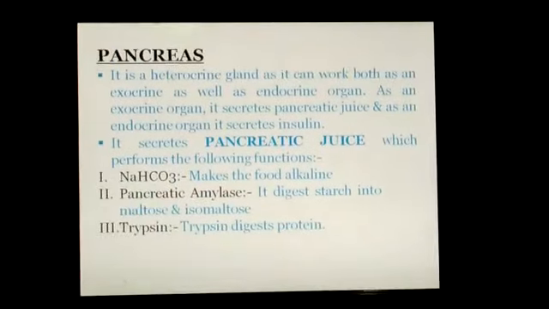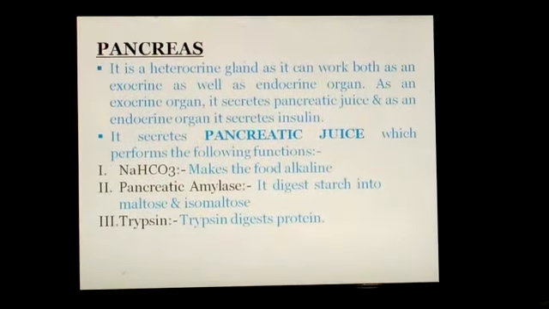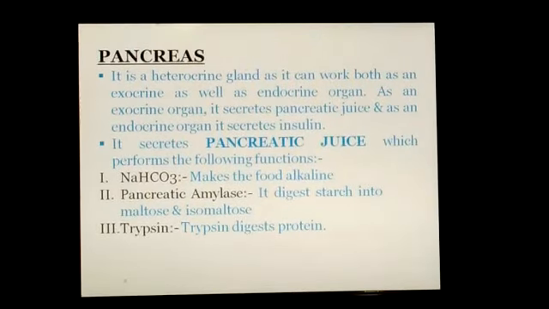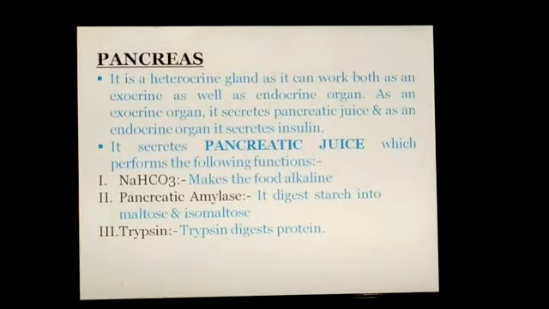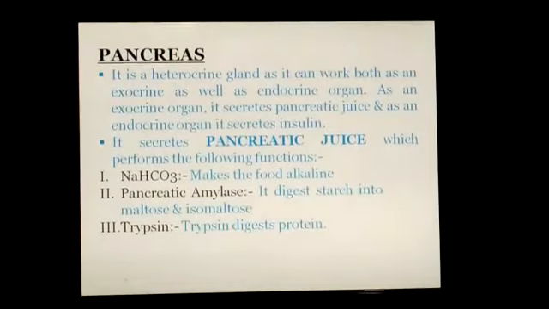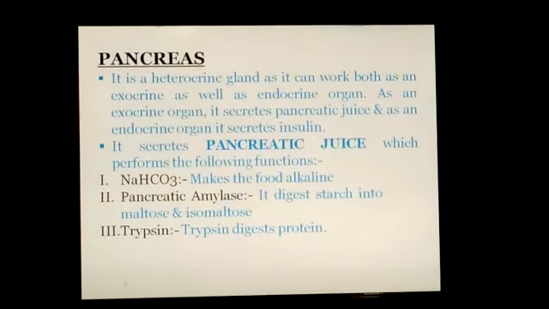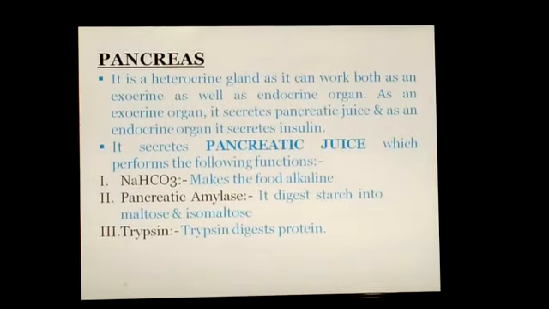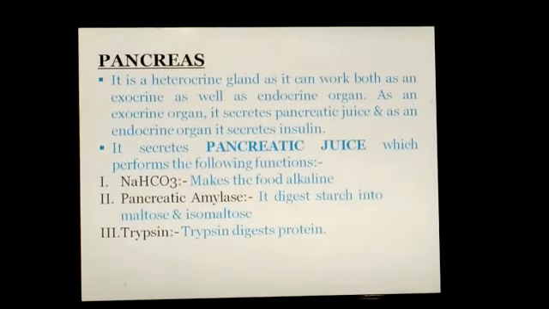Next we go to the next organ, the pancreas. The pancreas is the second largest gland of the body. It is also a gland. It is not a part of the digestive system, but it supports digestion again. How does it support digestion? It produces pancreatic juice. The liver produces bile juice; the pancreas produces pancreatic juice.